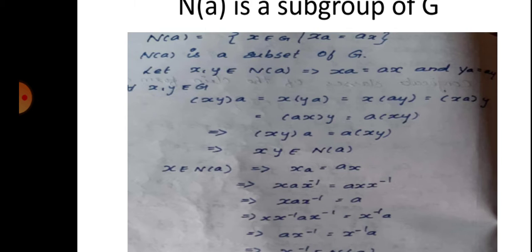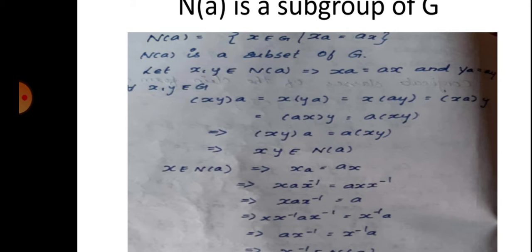Next pre-multiply by x inverse: x inverse (xa) is equal to x inverse (ax). But x inverse x is equal to the identity element e, so we get a x inverse equal to x inverse a.